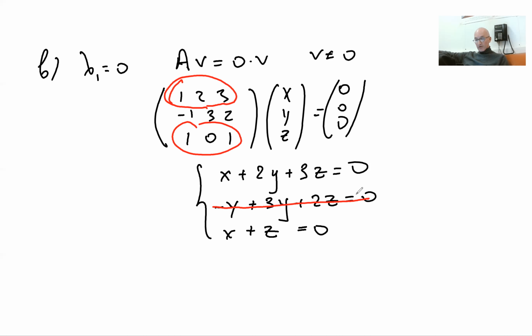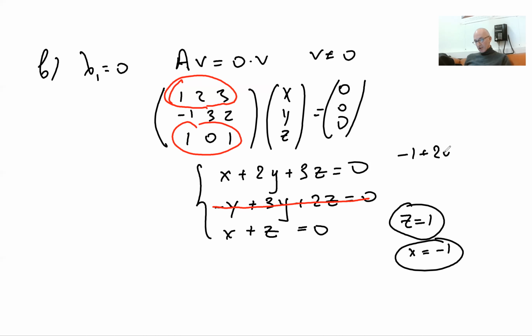Yeah. And how to solve it? Again, I don't need to find all eigenvectors. I need to find just one. So for example, how about I put z to be 1? Yeah, then if z is 1, then x from this equation is -1. And then I have the third equation, -1 plus 2y plus 3 is 0. Yeah.